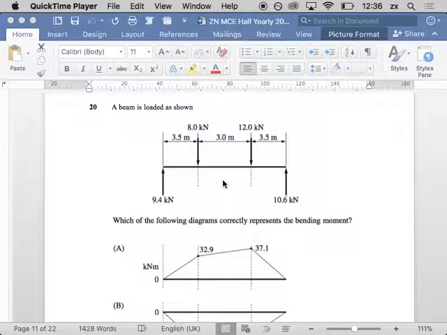So 32.9 plus 4.2 is 37.1. Now, how do we know that we went up and not down? Because it's above the x-axis. Great. And then finally, this part here, it should be 3.5 times 10.6. In the end, it was a happy end. It all worked out in the end.